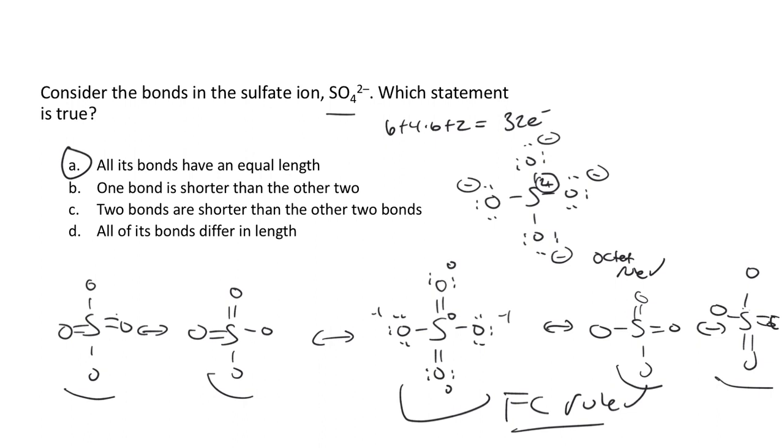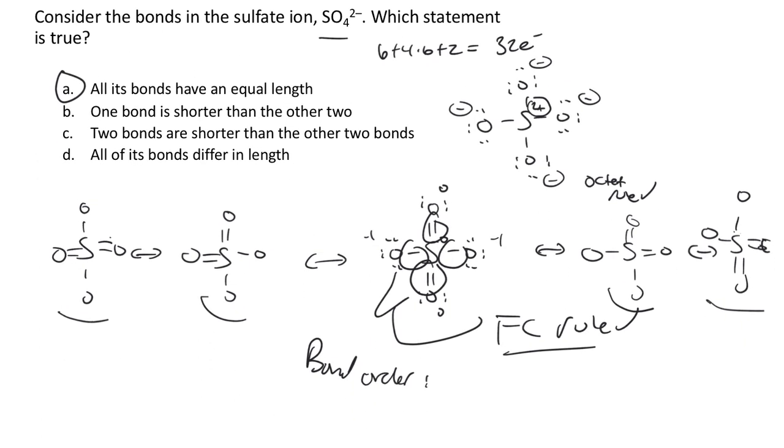What bond order would we expect here? What do you guys think? So the bond order, I would have 2 doubles, so that's 1, 2, 3, 4 pairs, and then 5, 6 pairs of electrons total, spread across the 4 SO bonds.